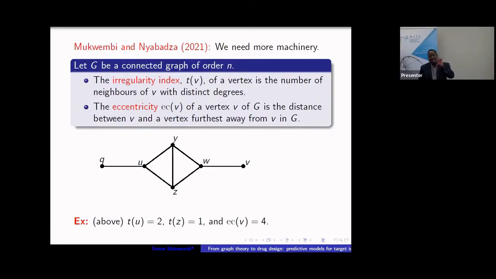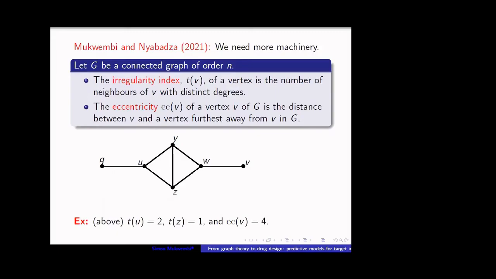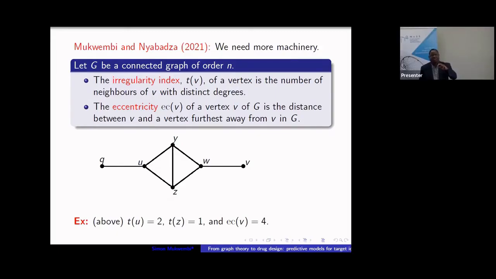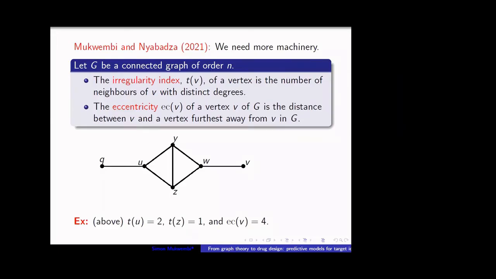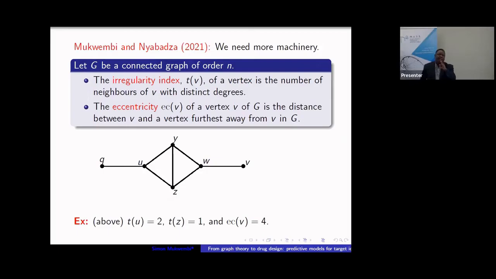That parameter, which tells us the number of vertices that a vertex is joined to, is called the degree of the vertex. So the degree of V here is 1 because V is joined only to W, which is one vertex. The degree of Y is 3 because Y is joined to 3 other vertices.